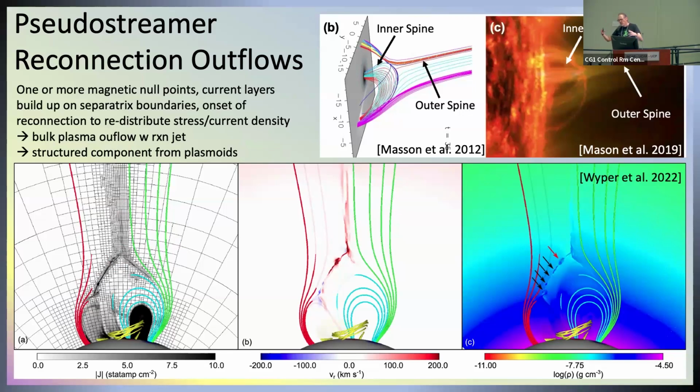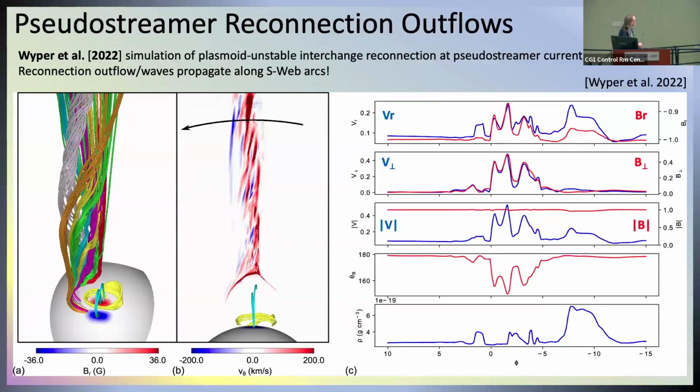It's going to figure out how to open up at one end so that it's aligned the same way that all of the other open field is aligned. And that means that the twist part of that plasmoid has the opportunity to propagate along the open field. And so pseudostreamer reconnection ought to have something like this pattern of twist in the magnetic field, if there's plasmoids being generated on the interaction layer between the open and closed flux.